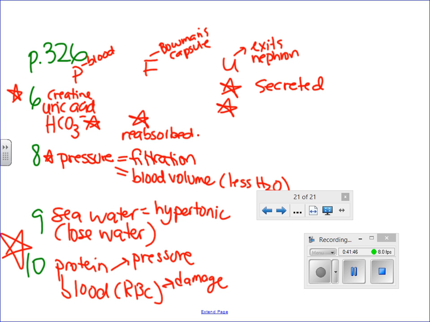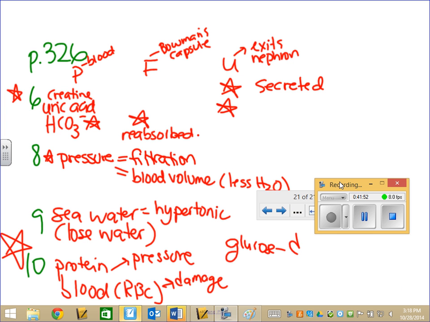Yep. The third person had glucose in their urine. The most probable reason for that is that this person is diabetic. And the fourth person had white blood cells. Now, white blood cells are the part of your blood that's a little bit smaller.